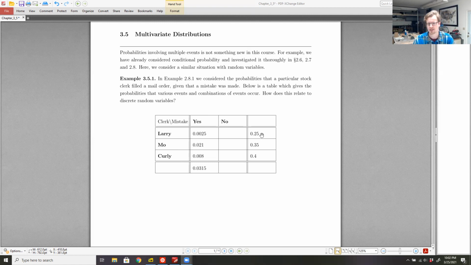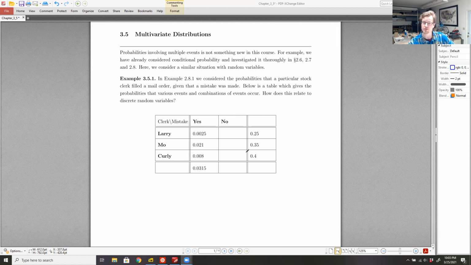They told us that 25% of the orders are filled by Larry, 35% by Moe, and 40% by Curly. So that gave us these probabilities. And you may be familiar with these sorts of tables from a basic statistics course. And there they called them the joint probability distributions.